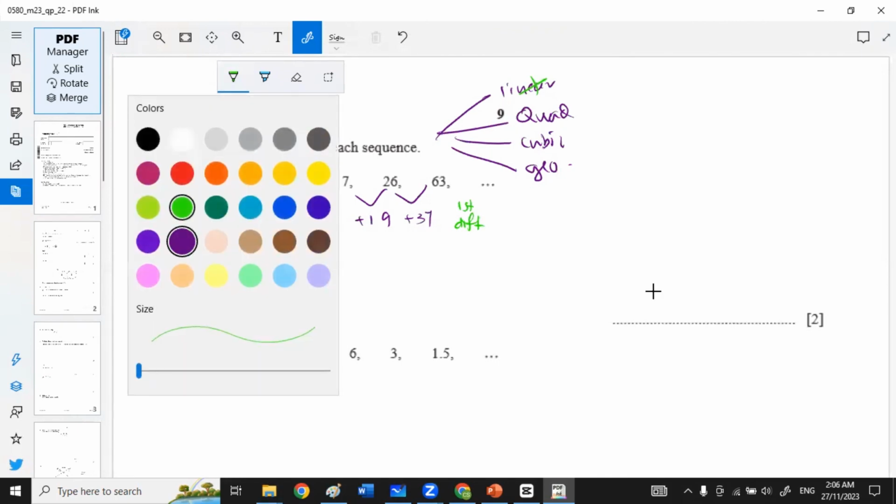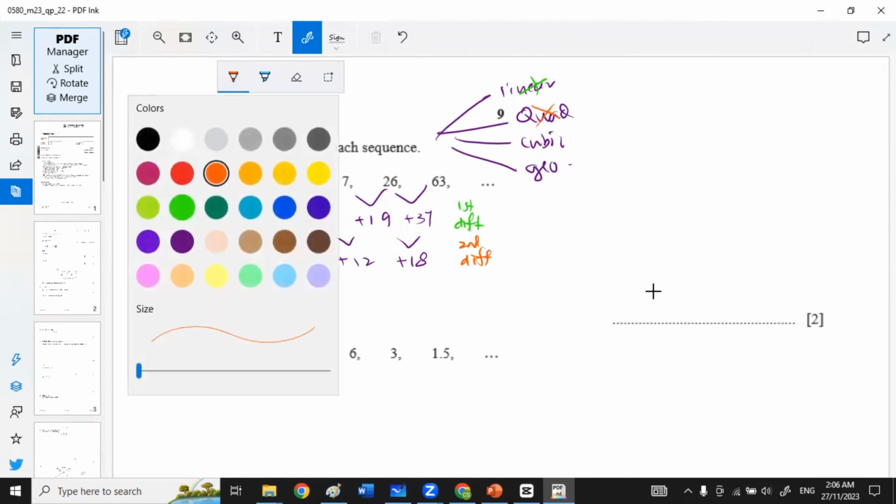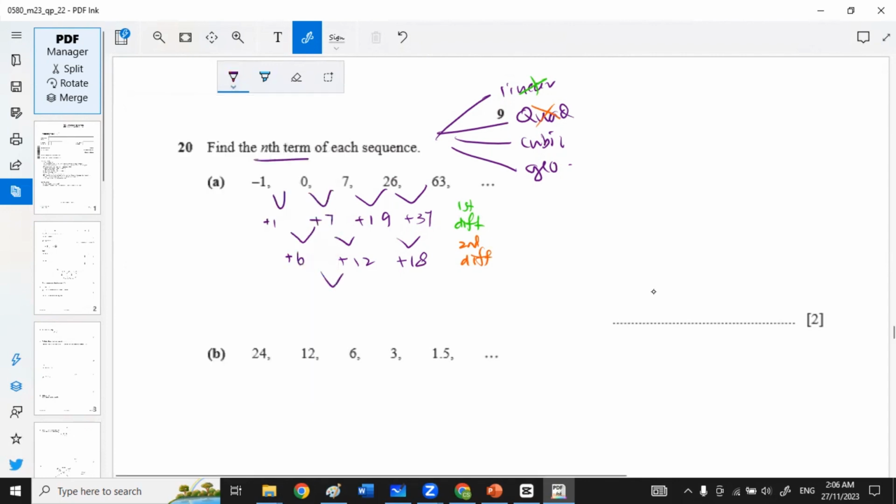It's not a common difference, therefore it's not linear. We continue. Find the common difference: plus 6, plus 12, plus 18. Again, this is the second difference. It's not a common difference, therefore it's not quadratic. Okay. If we continue, we get plus 6, plus 6.